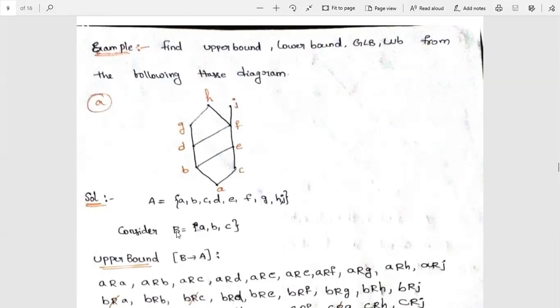In case it is not given, we have to take a subset with a maximum of two or three elements.